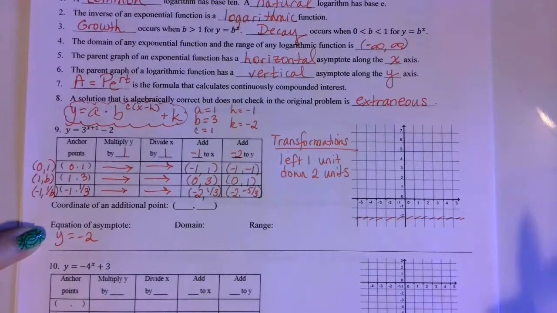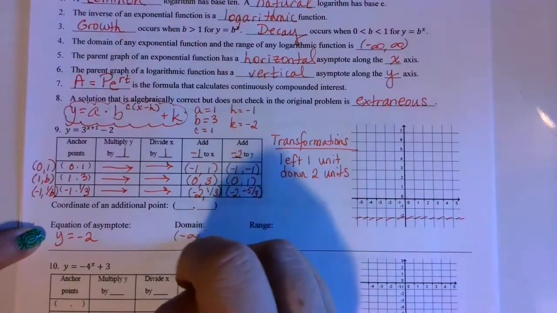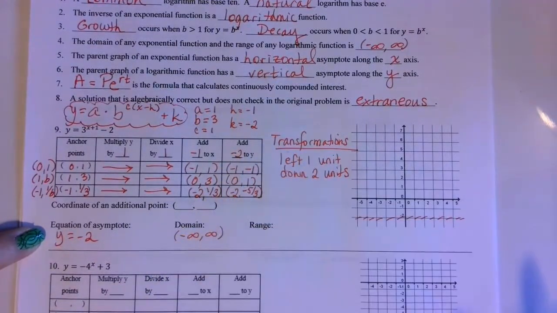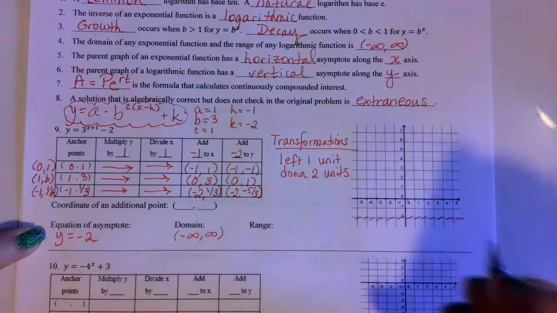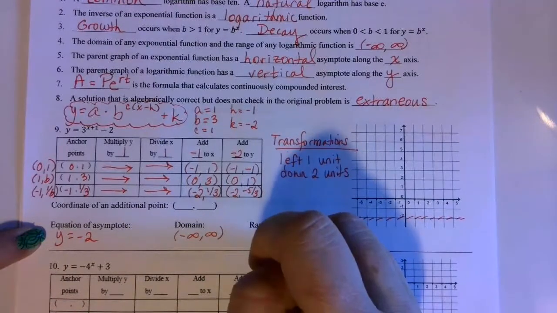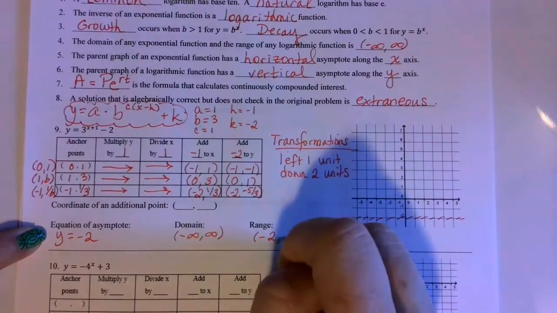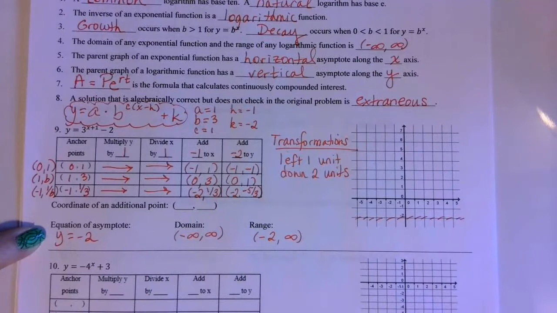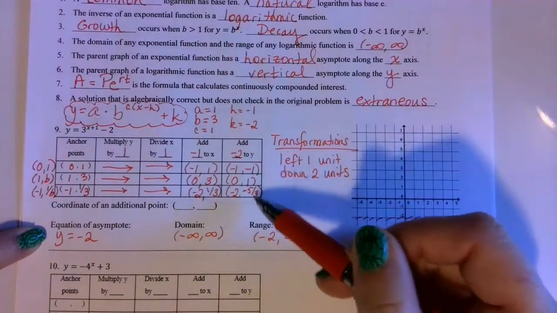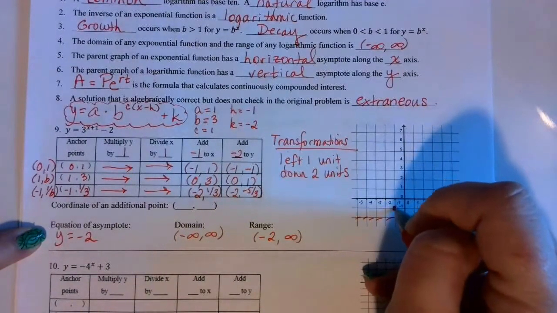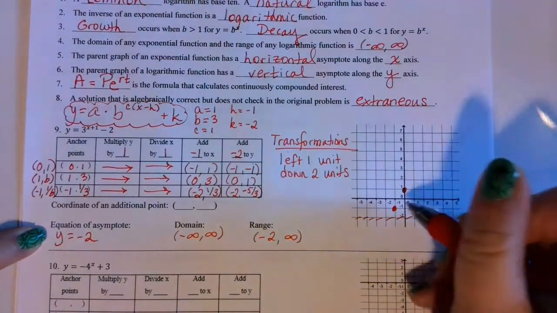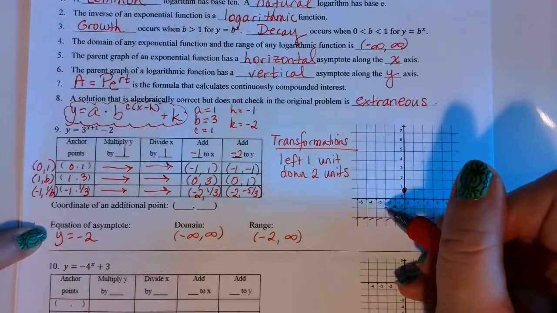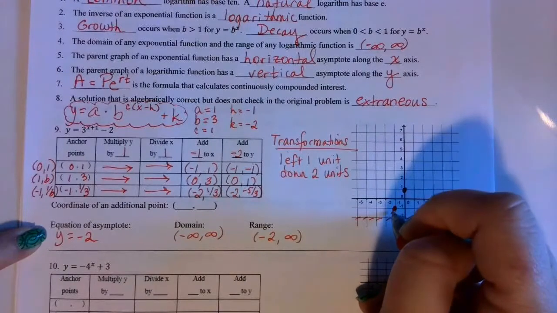The domain is all real numbers. The range, though, is half-bounded by the asymptote. So starting at negative 2 and then headed up to positive infinity. We're going to go through these anchor points at negative 2, negative 1, then negative 1, 0, and positive 1, negative 5/3.